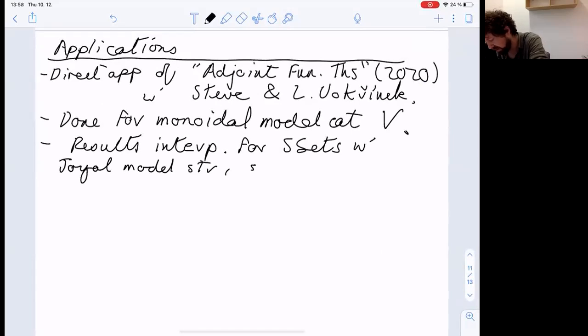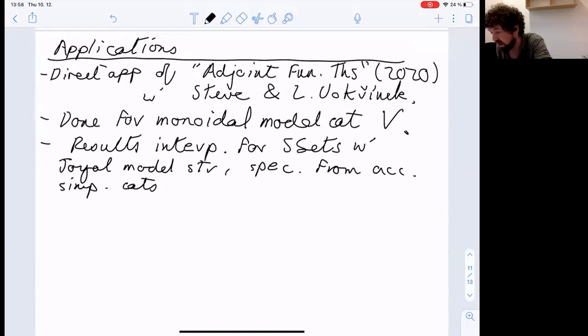And so we specialize from accessible simplicial categories. So all our results worked for accessible simplicial categories with cofibrantly weighted limits, to accessible infinity cosmoi.